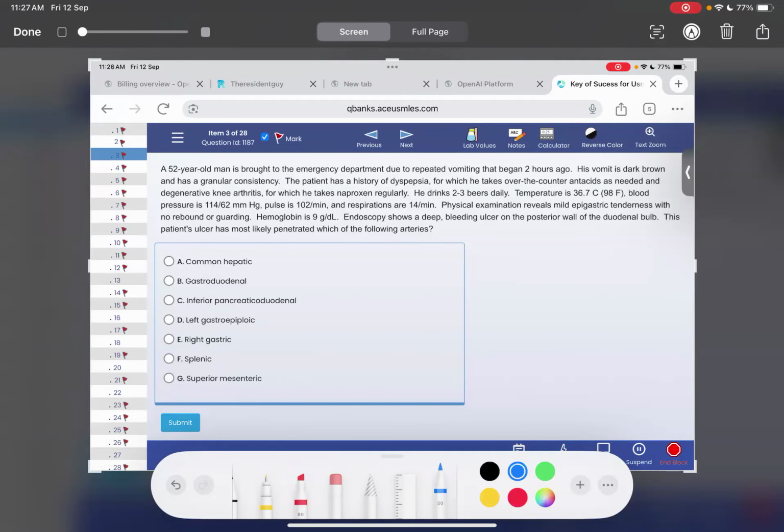Let's discuss it. This is your esophagus. This is your stomach. This is your first part, second part, third part, fourth part of the duodenum. And this is your pancreas over here, and this is your ampulla. Have you got the point?